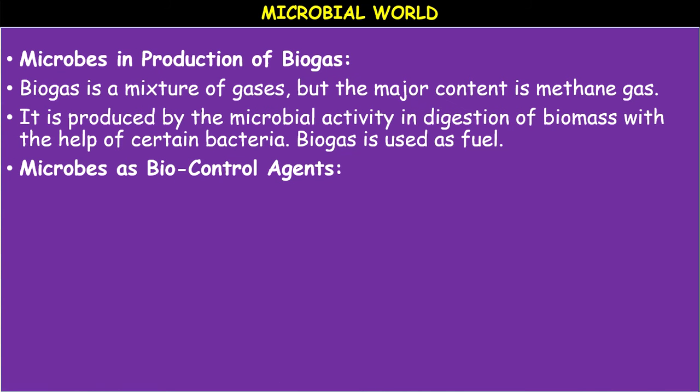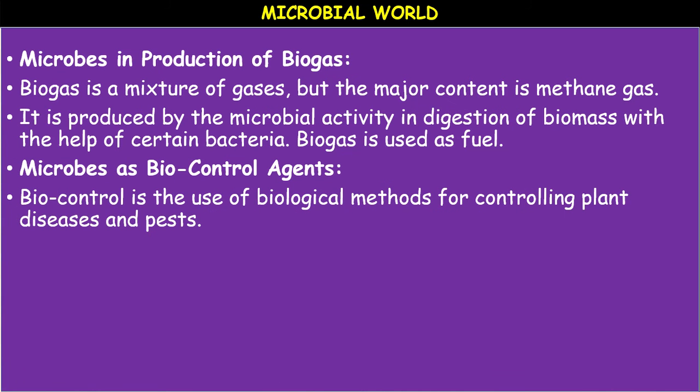The microbes are also used as biological controlling agents. Nowadays, the usage of more chemical fertilizers and chemical pesticides will damage the natural environment, and kills some useful insects like butterflies and honeybees, which are the natural pollinating agents that help in cross pollination.